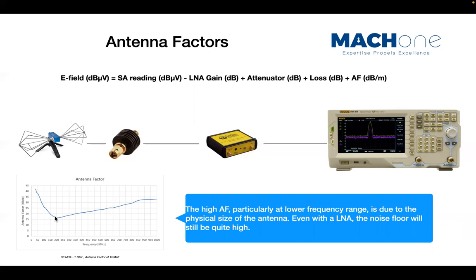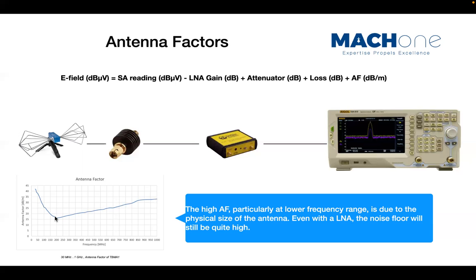And what does this high antenna factor mean? This means that when you are using a smaller size antenna and you connect it to your spectrum analyzer, even if you test in a very, very quiet environment, you will find that the noise floor of the spectrum analyzer is rather high.